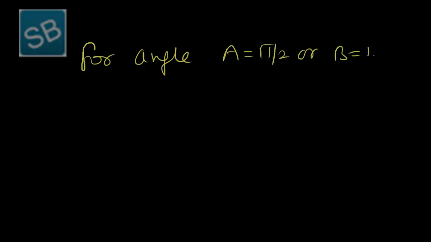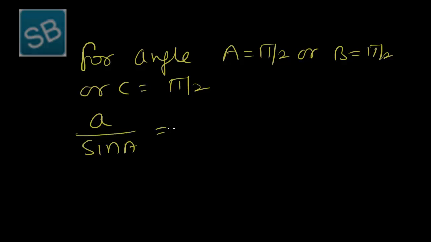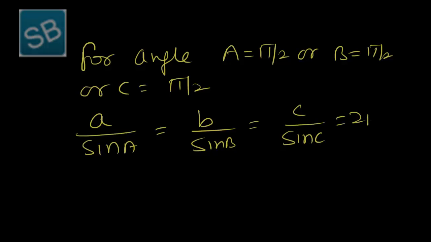For angle A equal to pi by 2, or B equal to pi by 2, or C equal to pi by 2, the result is true, that is A over sine A is equal to B over sine B is equal to C over sine C is equal to 2R.